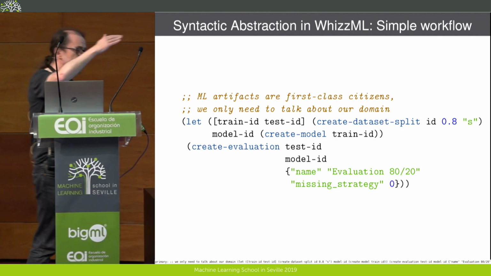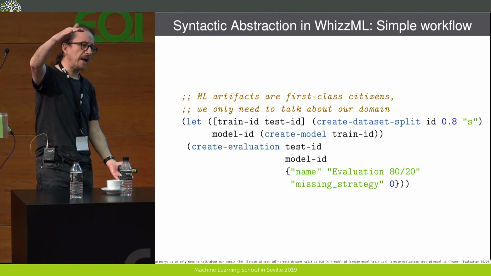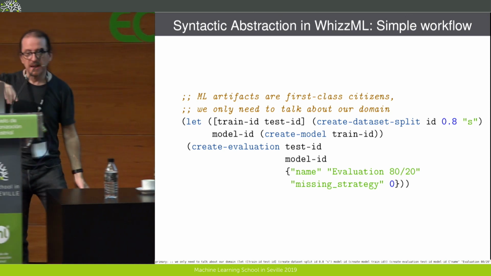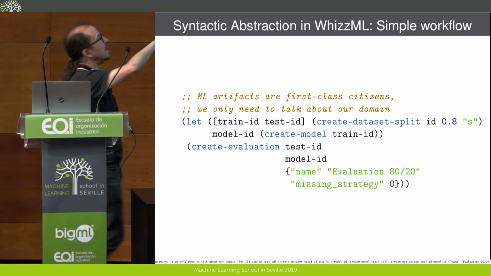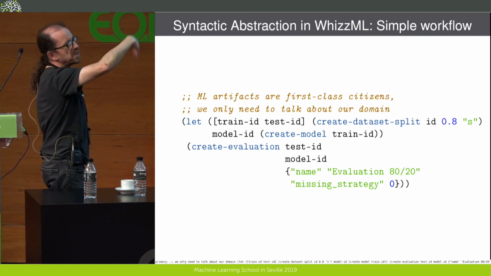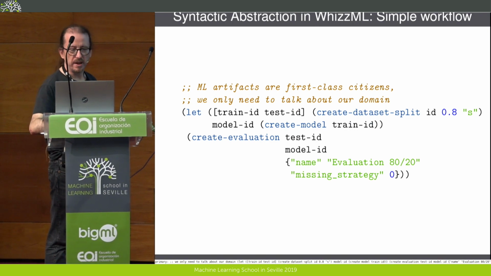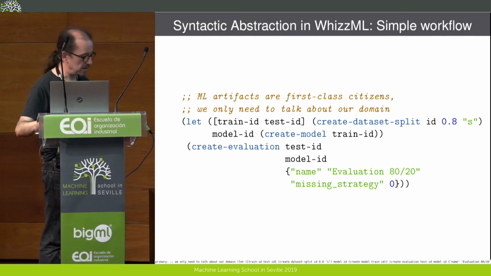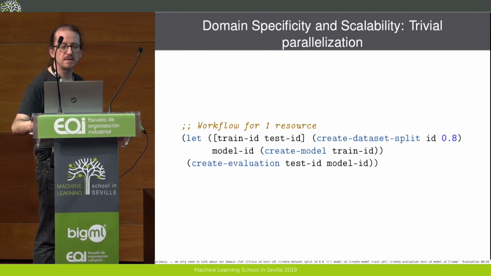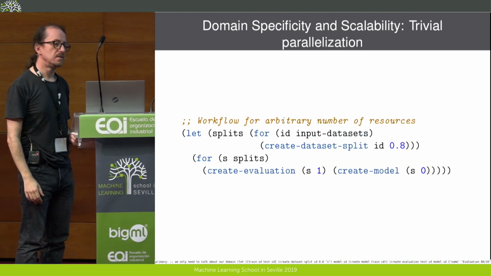But so your script, if you try on the client side, is going to grow like 3 times its size, typically. In BigML, to say, oh, look at this. I want to do this in parallel with error control any number of times. You go from here to here. So from here to here.